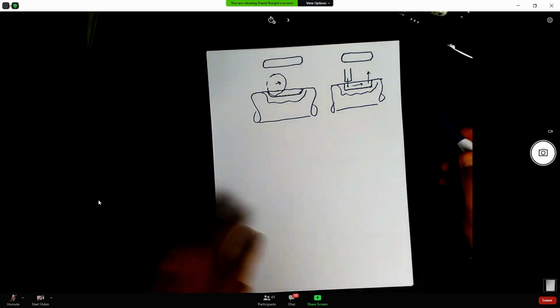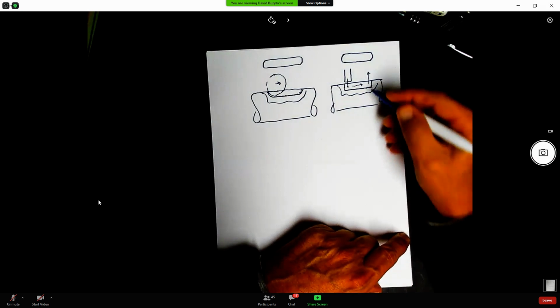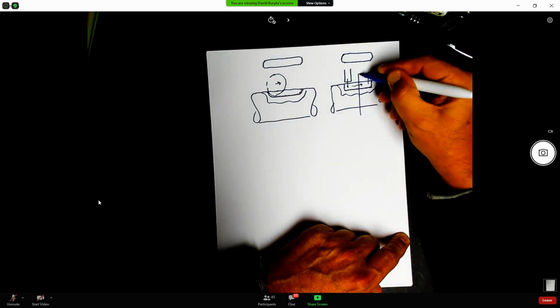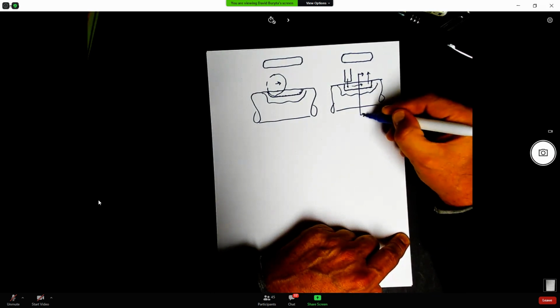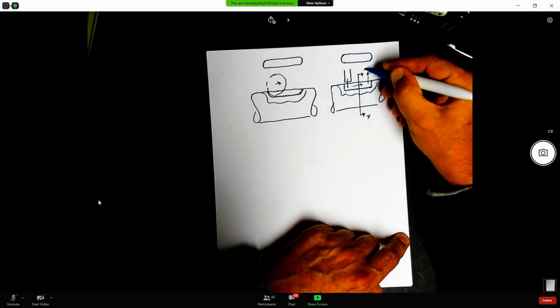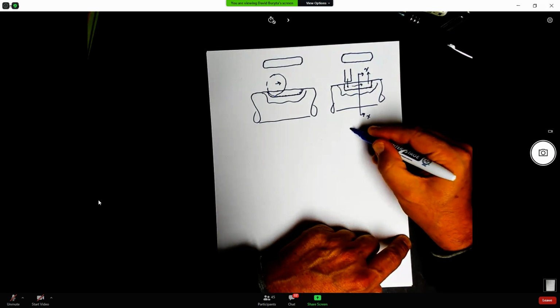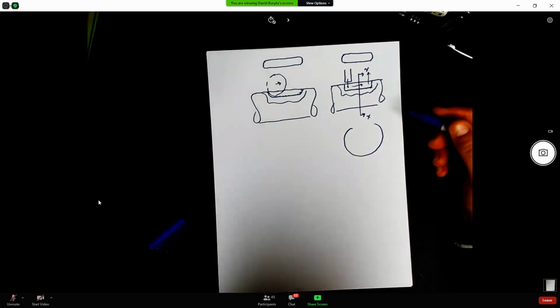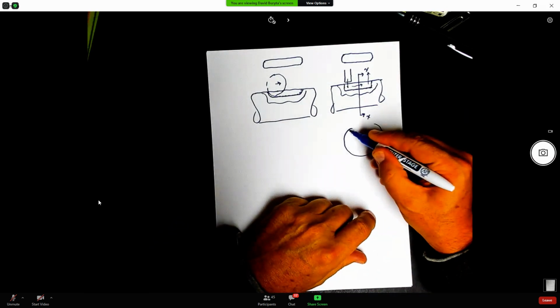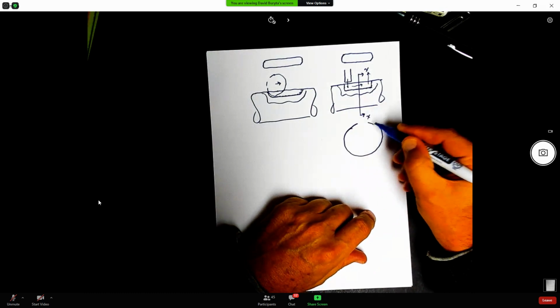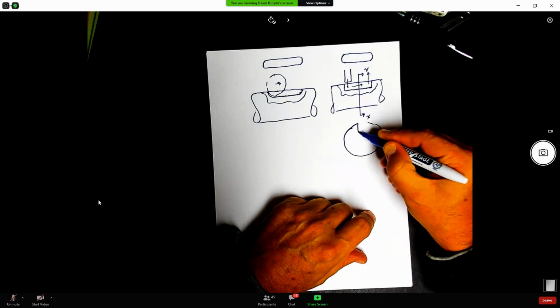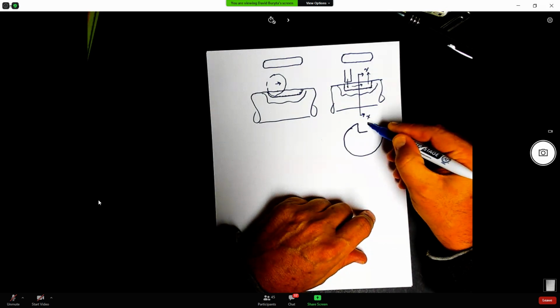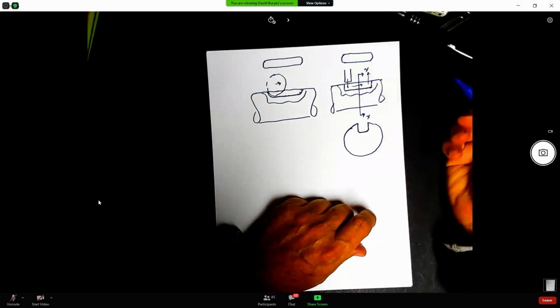Now, from the side, if we were to take a section view, the keyway is going to look like that.